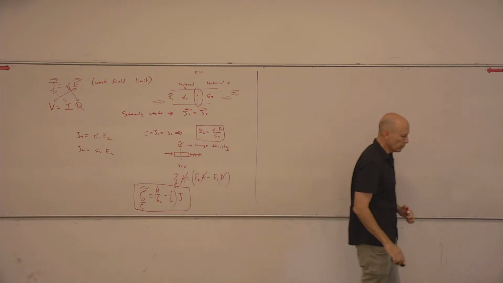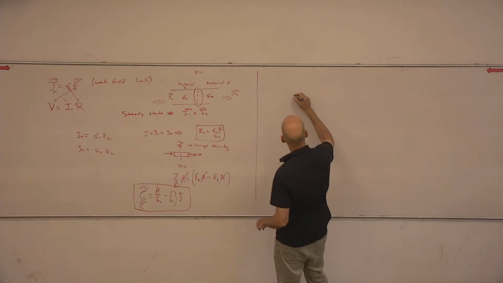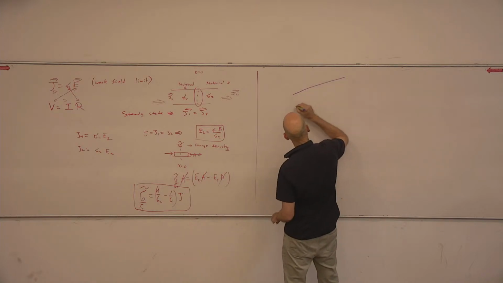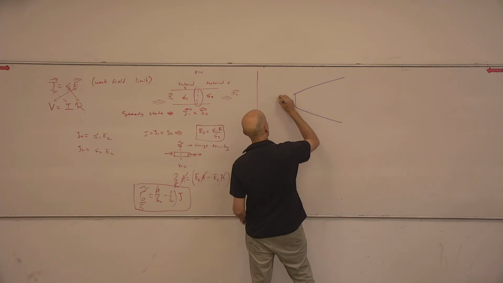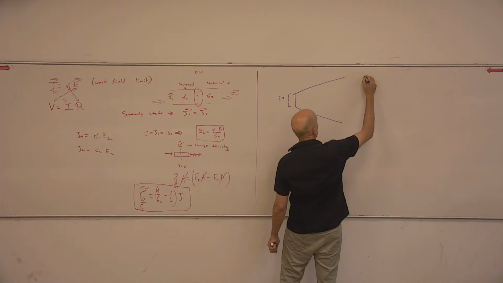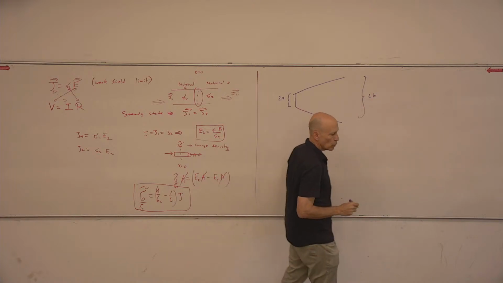So I want to solve in principle. This is a cone that looks like this. This is 2A. This is 2B.